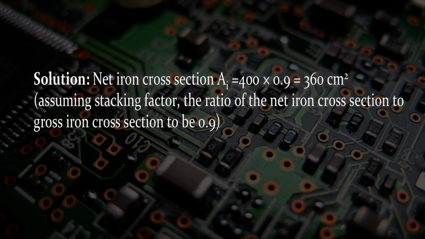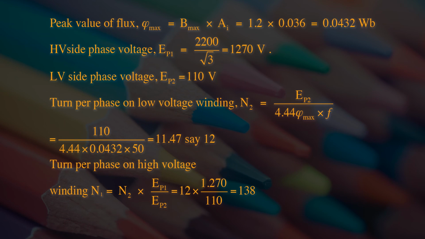We are assuming that the stacking factor, the ratio of net iron cross section to gross iron section, is 0.9. By this you find the net iron cross section Ai equal to 360 centimeter square.